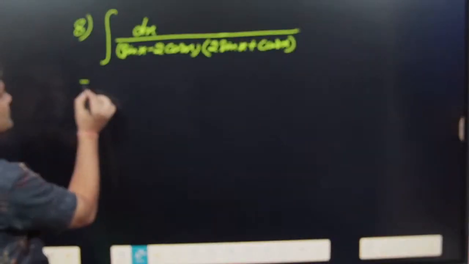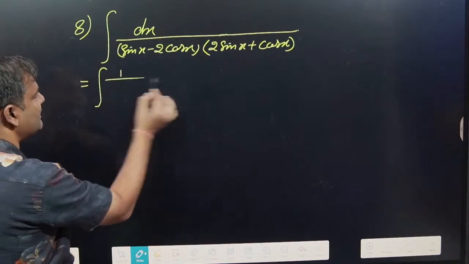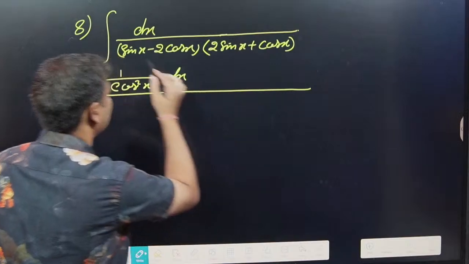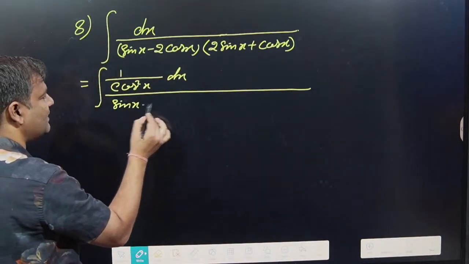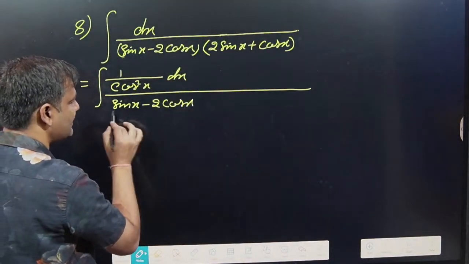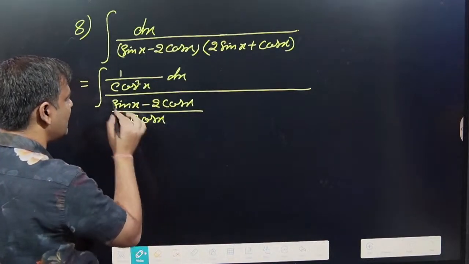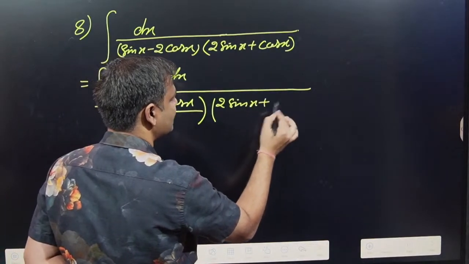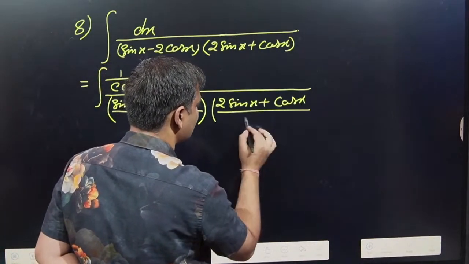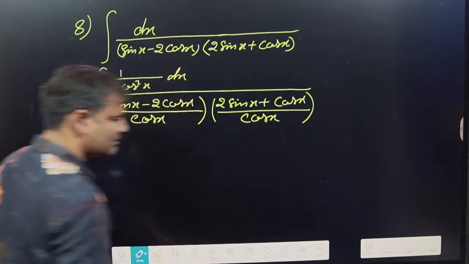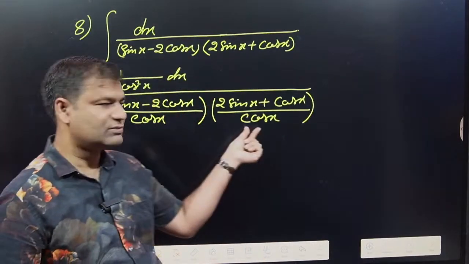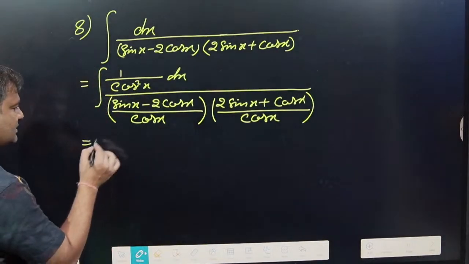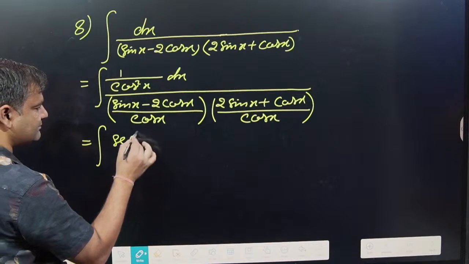If we divide by cos square, then 1 by cos square x into dx divided by (sin x minus 2 cos x) divided by cos x, into (2 sin x plus cos x) divided by cos x. Basically in the denominator cos square x is written as cos x, 1 by cos x into 1 by cos x. Then we get sec square x dx.